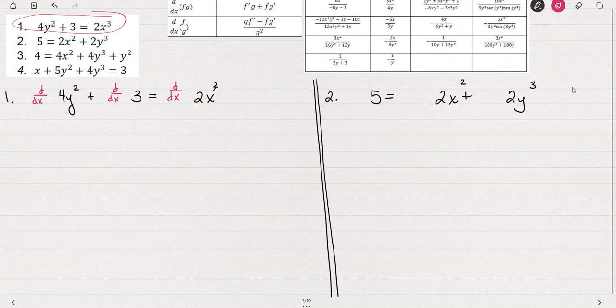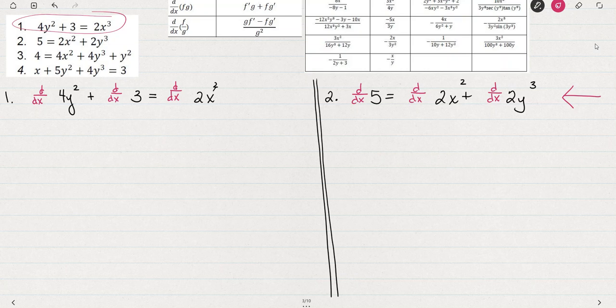Do you notice how I wrote out these equations with that space so that I can go in and say the derivative with respect to x of each piece? It's not absolutely required, but it's a great practice, at least starting out. So for the sake of this activity, I am going to ask you to write the equations out, writing that derivative with respect to x on each term.